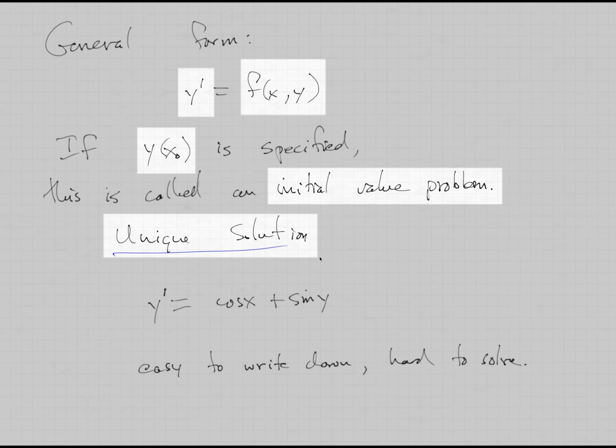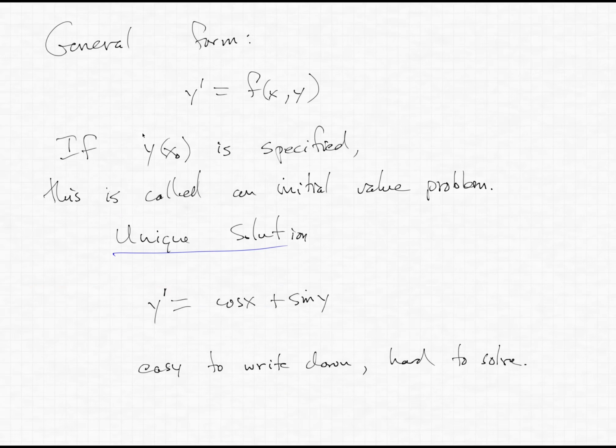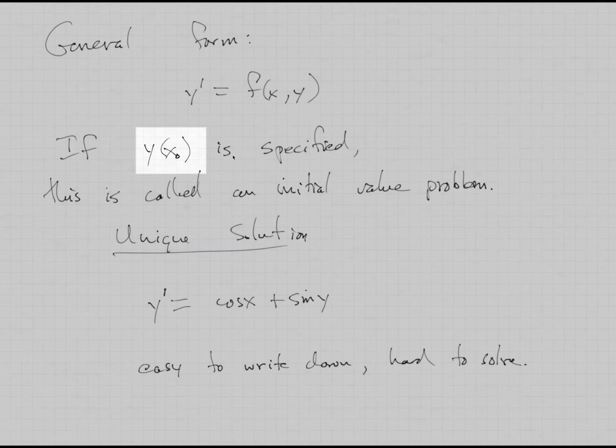Not surprising if you know the starting value, y of x0, and you know the rate at which y is changing at every moment, then you should be able to track y exactly, at least in principle, through the whole course of its evolution.